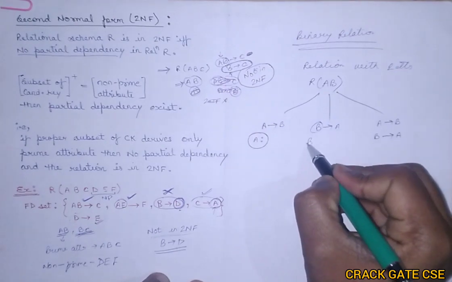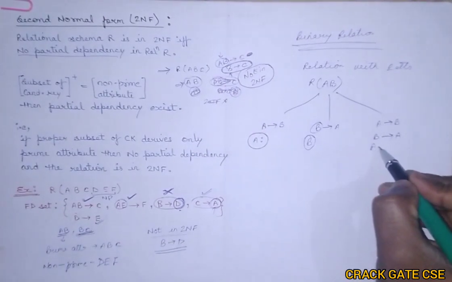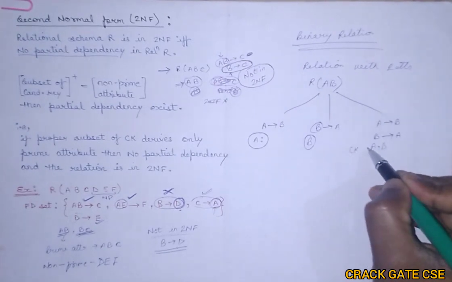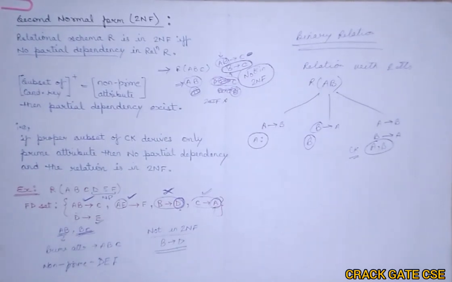Similarly here, candidate key is B, no subset is possible. Similarly here, A and B both are the candidate key. So there are no chances of getting a subset of this particular key. So it cannot violate the condition of 2NF. Similarly, it cannot violate the condition of 3NF and BCNF. We will see it further, right?